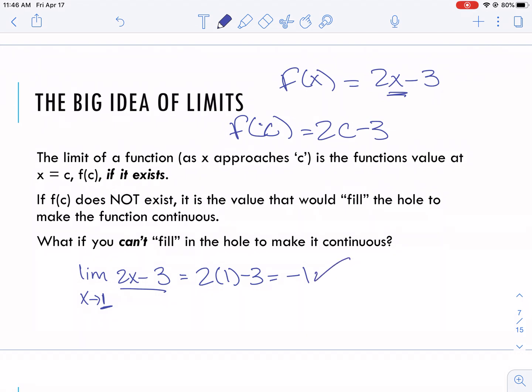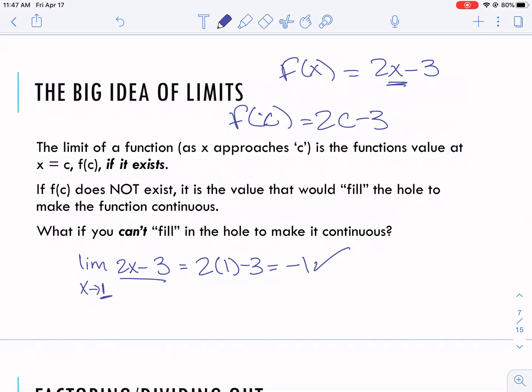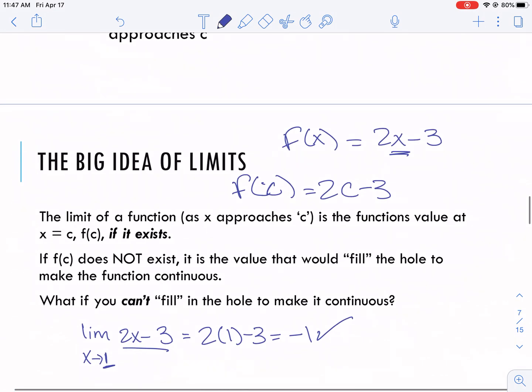If f of c does not exist, meaning there's a hole on the graph where we get something weird like 0 over 0, then you see what value would fill that hole. And if you can't fill that hole, what makes it continuous?